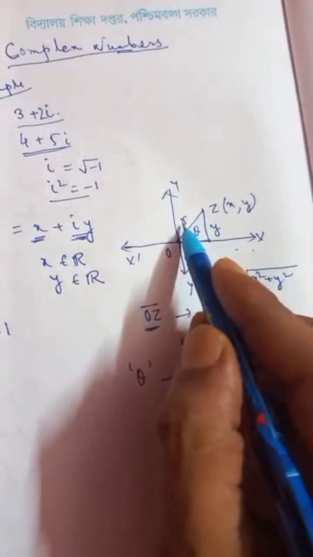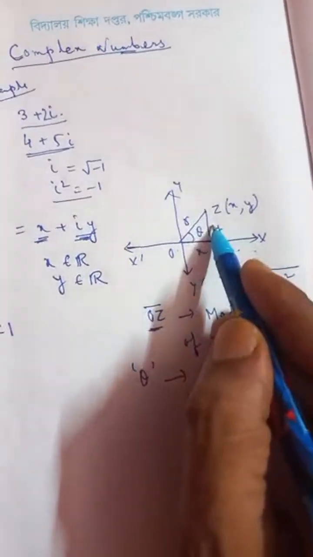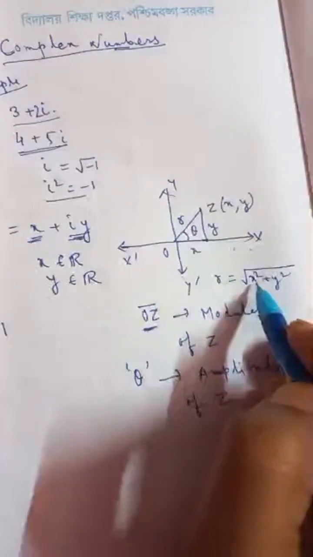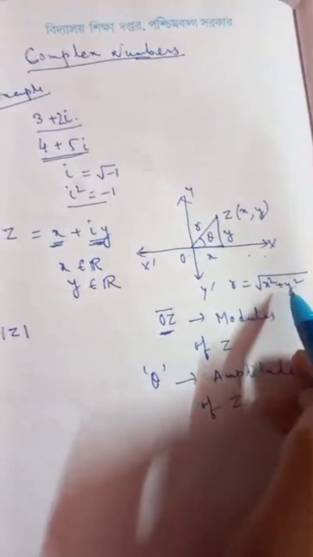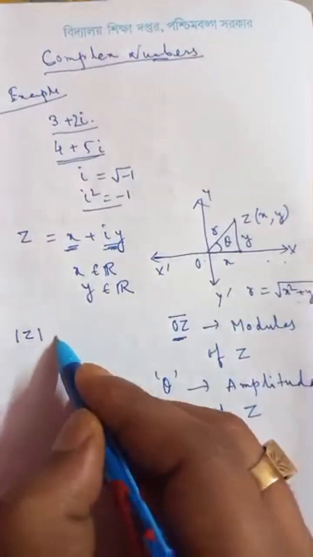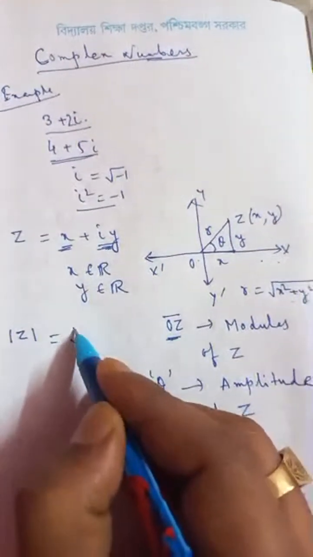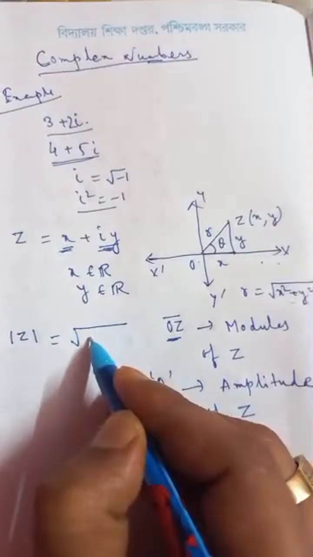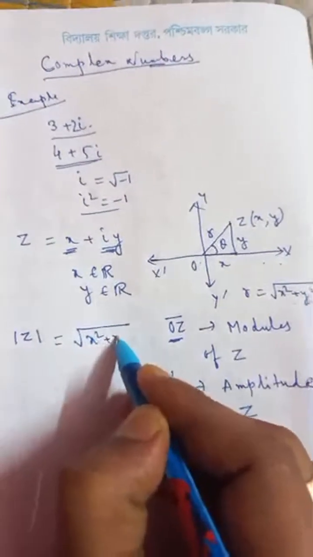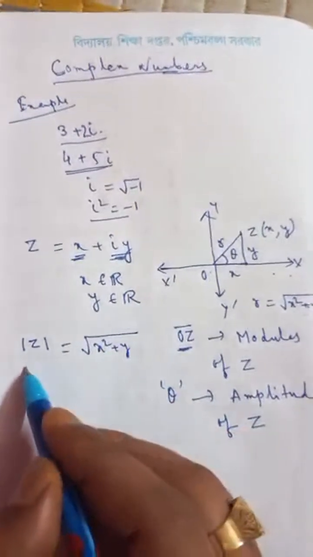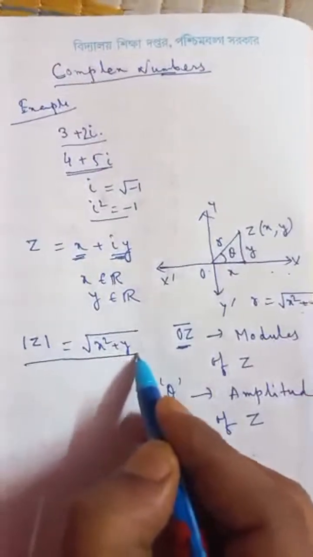This is the hypotenuse, this is the base, this is the height. So mod z is equal to under root over x square plus y square. This is the form of the modulus.